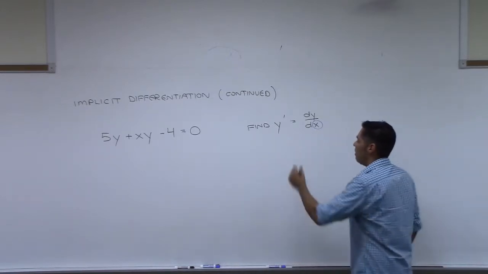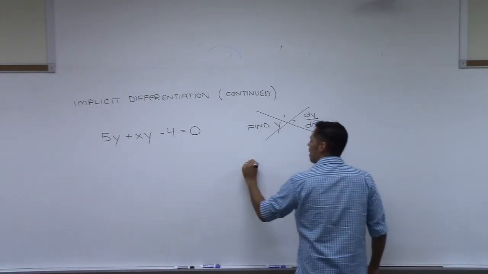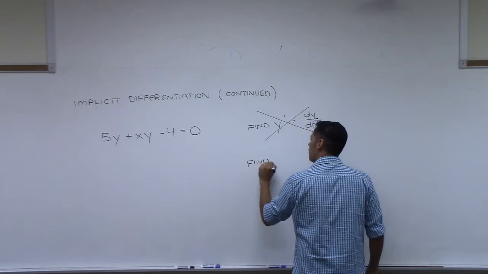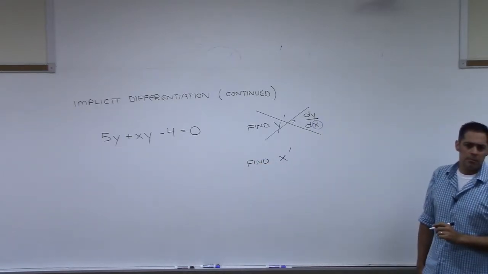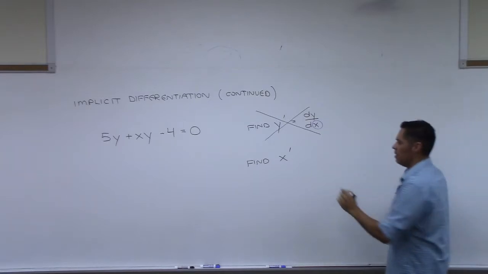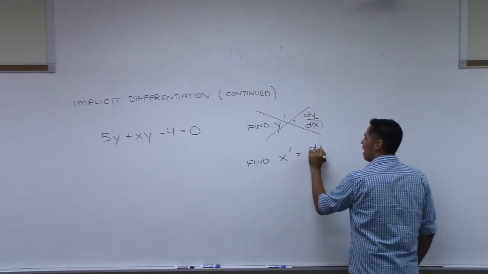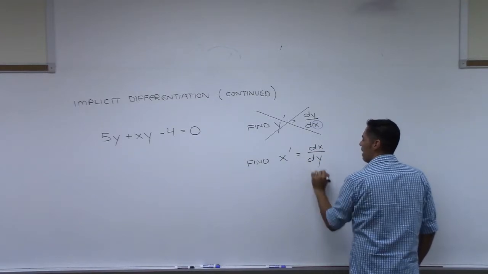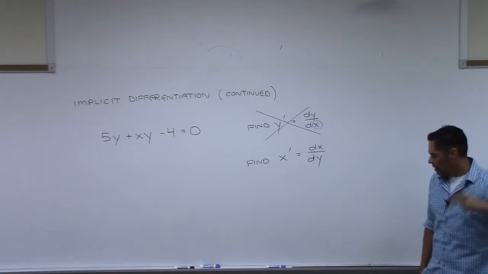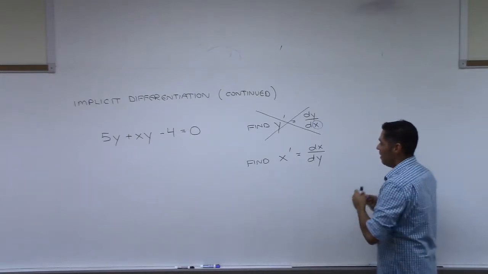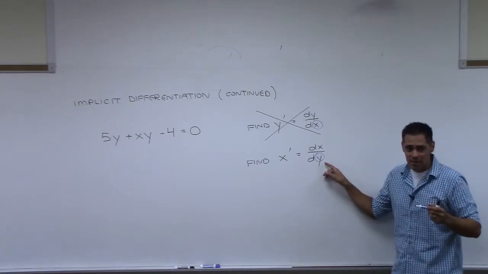So this is not what I want to do right now. Okay? What I want to do instead is find x prime. Now, what does this mean? This doesn't mean dy dx. This means dx dy. It's flipped over. And so now what I'm telling you is that when you see the derivative of y, it's going to be 1.